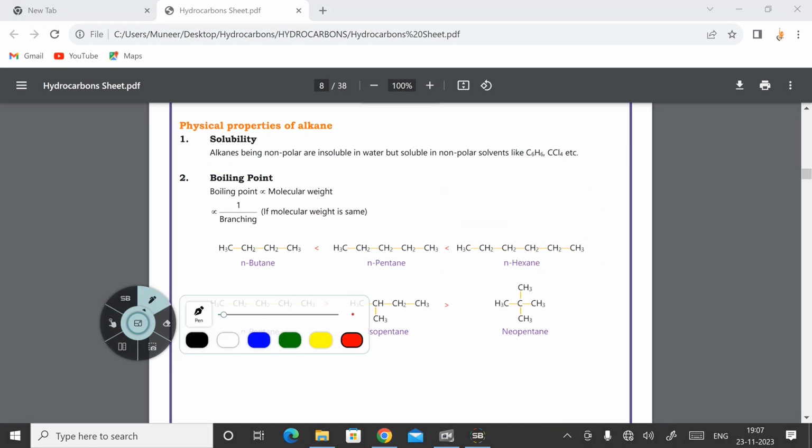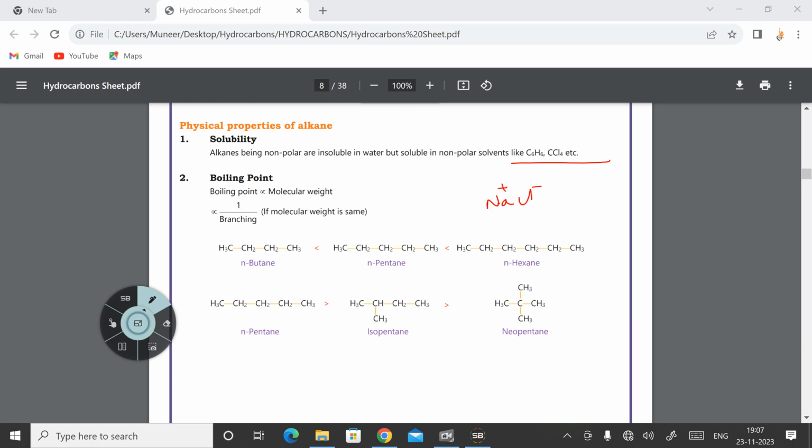That is why they are soluble in non-polar solvents like benzene, carbon tetrachloride, etc. But polar compounds are soluble in polar solvents. For example, NaCl is a polar compound, Na plus Cl minus. It is soluble in water. Water means H2O. Oxygen gets partial negative, hydrogen gets partial positive. Between the chlorine and hydrogen there is an attraction. As a result, the bond breaks down. That is why sodium chloride is soluble in polar solvents like water.